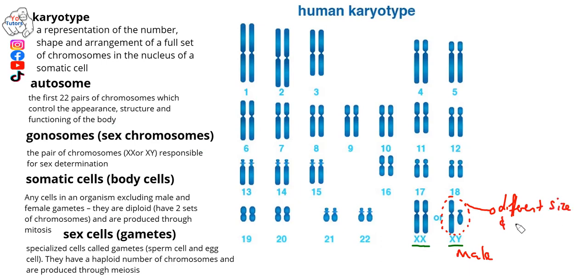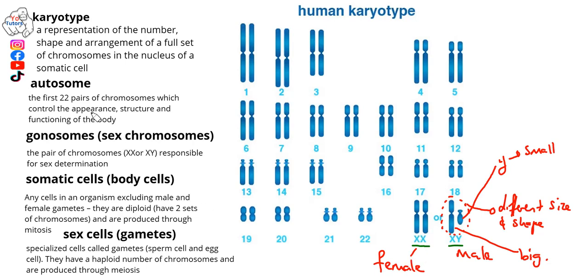The Y chromosome is small and the X chromosome is big. That's what we must always remember. But a female has two equal chromosomes of the same size. So you can tell that it's a female by looking at the 23rd pair, where the chromosomes are of the same size.